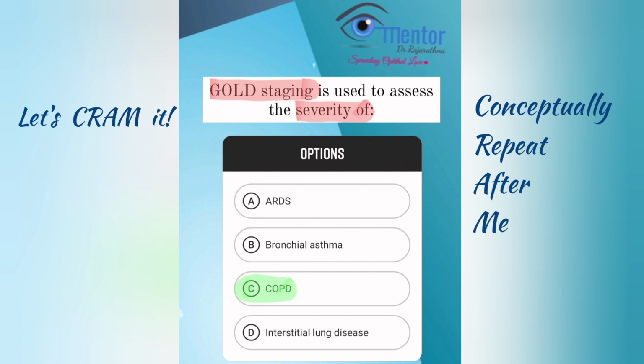One is the ratio between FEV1 and FVC. Now what is FEV1? Forced expiratory volume in the first second. That means how much you can forcefully expire in 1 second. Now FVC, forced vital capacity. You inhale first to your full capacity and then forcefully you expire.